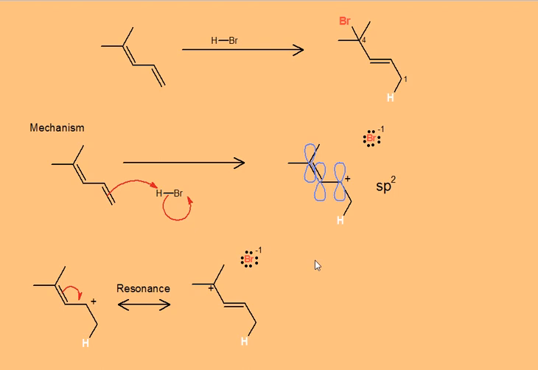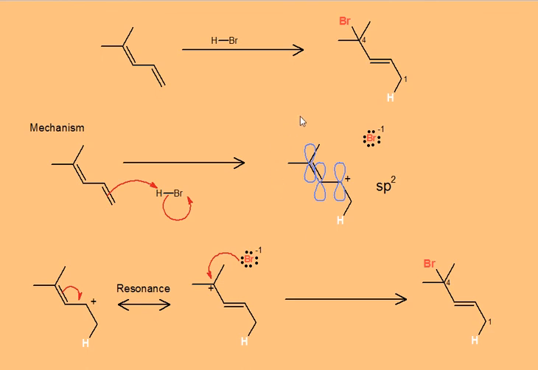And that bromine, like a nucleophile with its negative charge and lone pairs of electrons available, uses a lone pair to make a new bond to the carbon, and we produce our final product. A 1,4 electrophilic addition across the two double bonds.